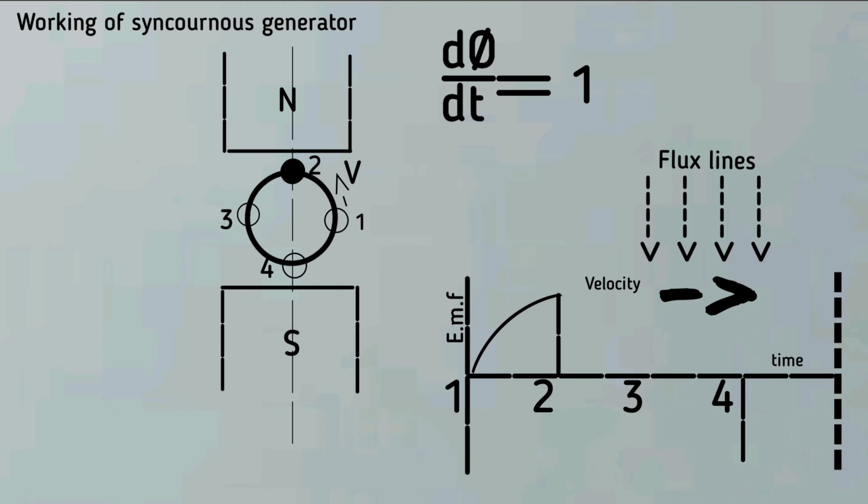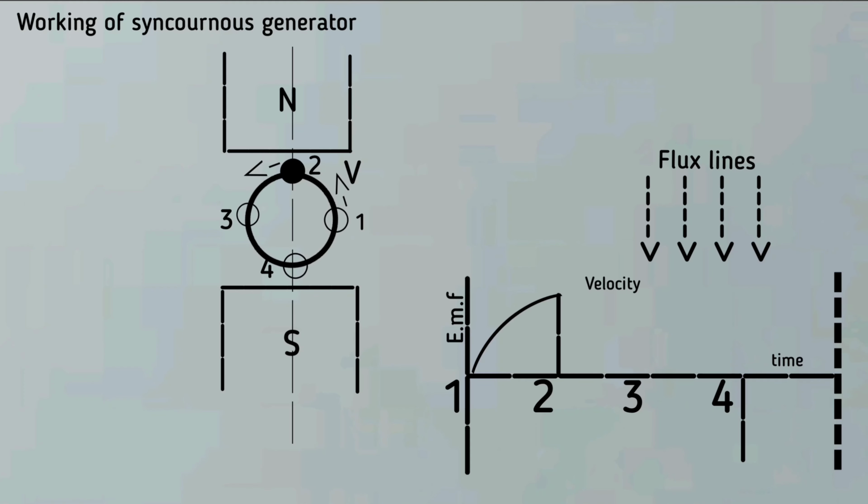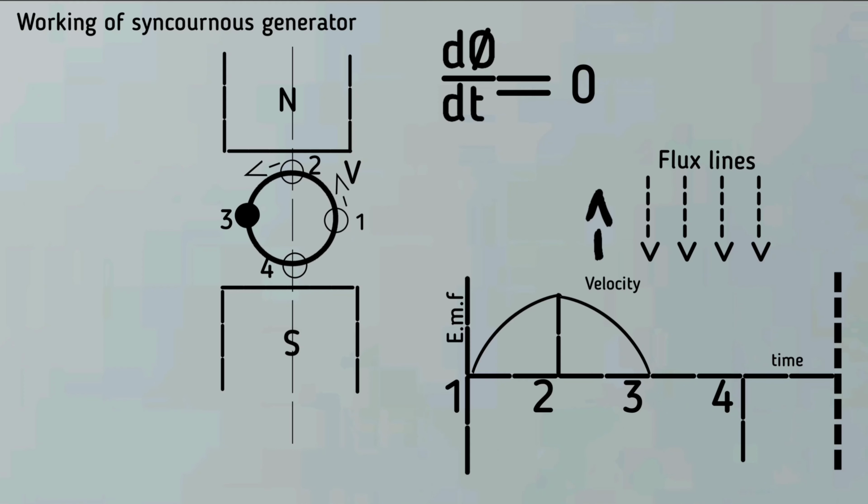As the conductor moves from position 2 to position 3, the velocity component perpendicular to the flux starts decreasing, and hence the induced EMF also starts decreasing. At position 3, again the entire velocity component is parallel to the flux lines, and hence the induced EMF of the conductor is 0.